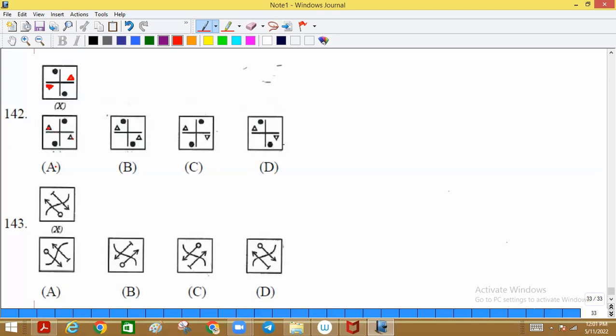Here same, A eliminated. B also eliminated because this also same, this also same. So what is the answer? Yes or no? What is the answer? C is the answer. Got it? Next, 143.